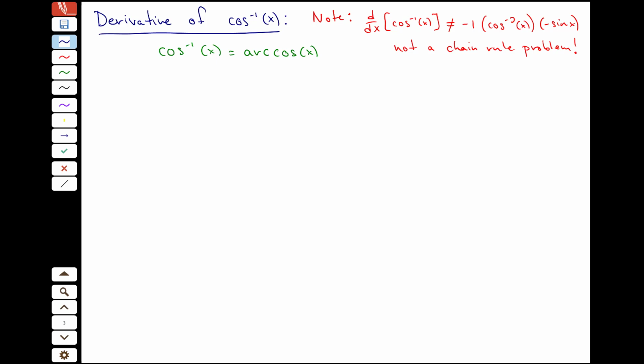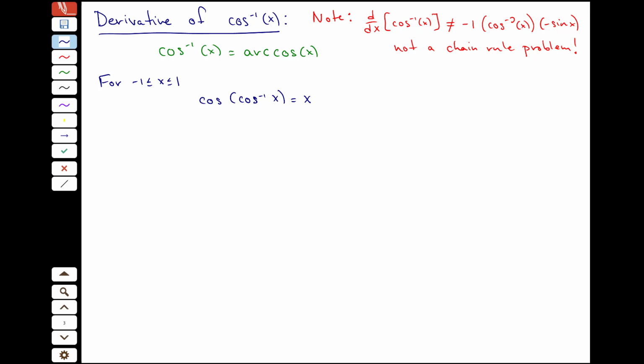Okay, so in order to calculate the derivative of arc cosine, we know that cosine of arc cosine x is equal to x. This is for values of x that are between minus 1 and 1, because those are the only numbers that we can plug into arc cosine.